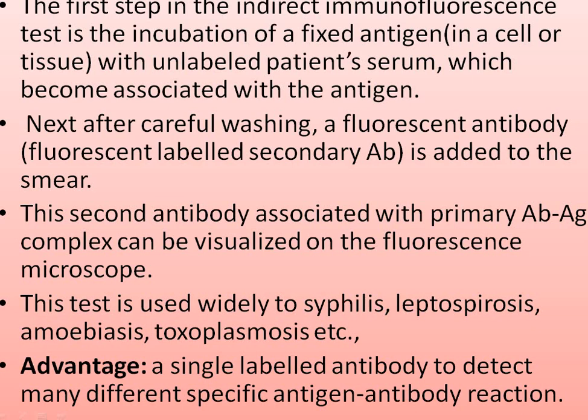This second antibody associates with the primary antigen-antibody complex and is visualized on the fluorescent microscope. This test is used widely for syphilis, leptospirosis, amoebiosis, and toxoplasmosis. And then a single labeled antibody can be used to detect many different specific antigen-antibody reactions.